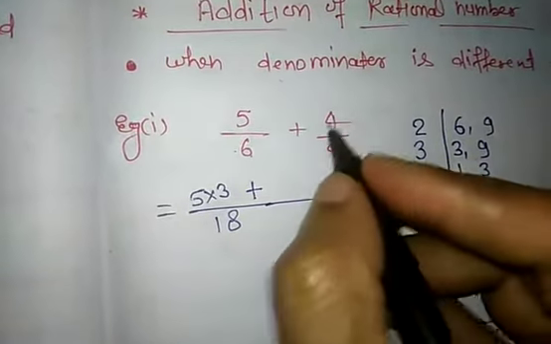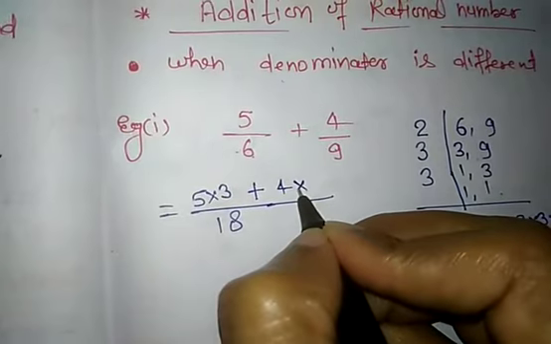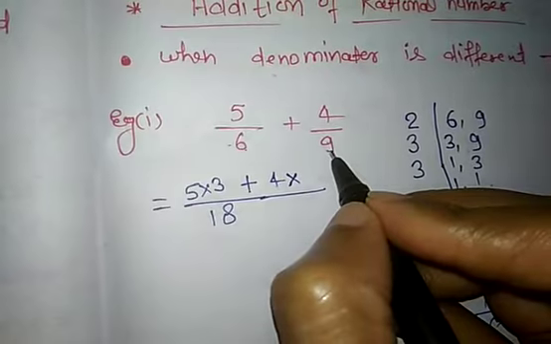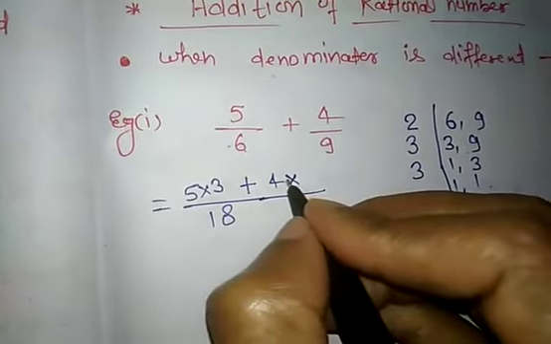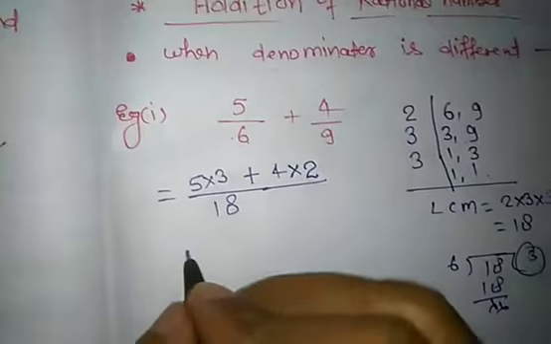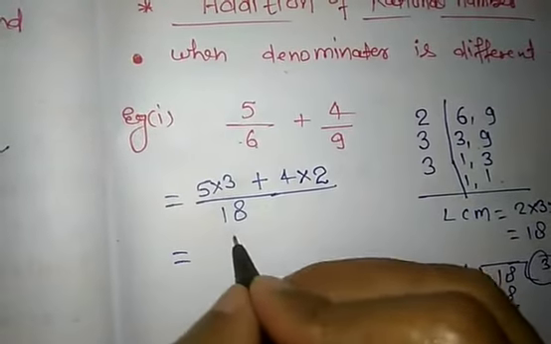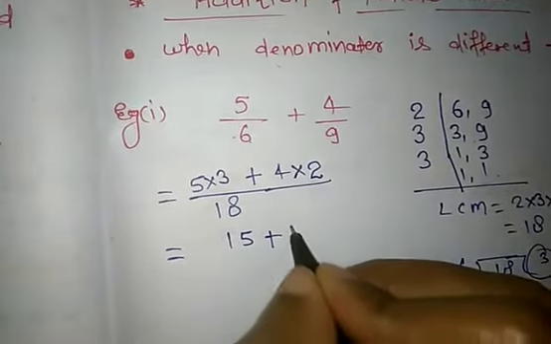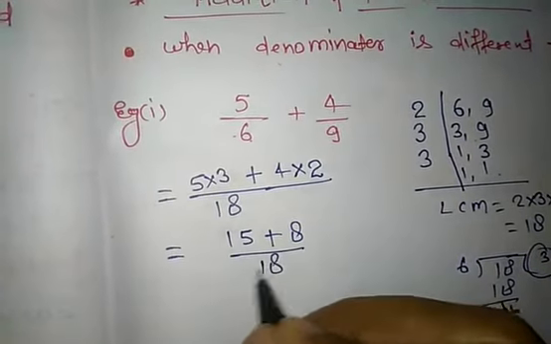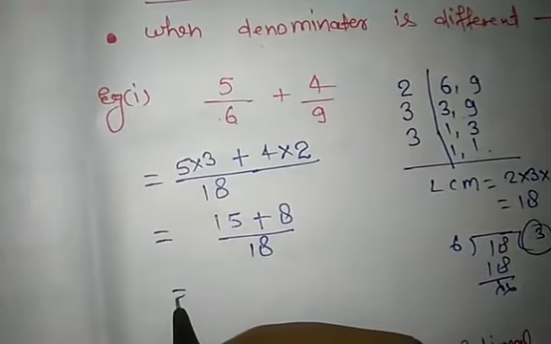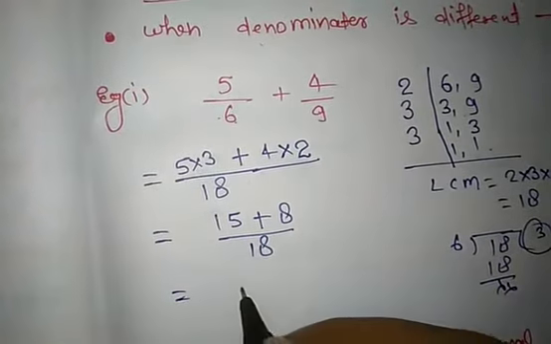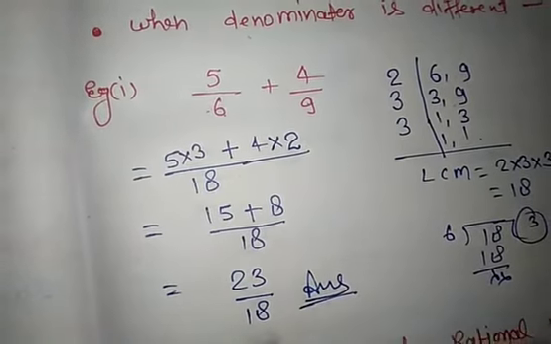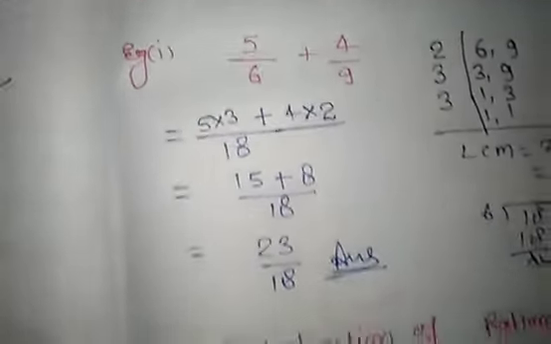Same process: write the numerator and multiply it by the quotient. 9 2 is 18, so 4 multiplied by 2. Again 5 3 is 15 plus 4 2 is 8 by 18. We get 15 plus 8, 23 by 18. This is your required answer.